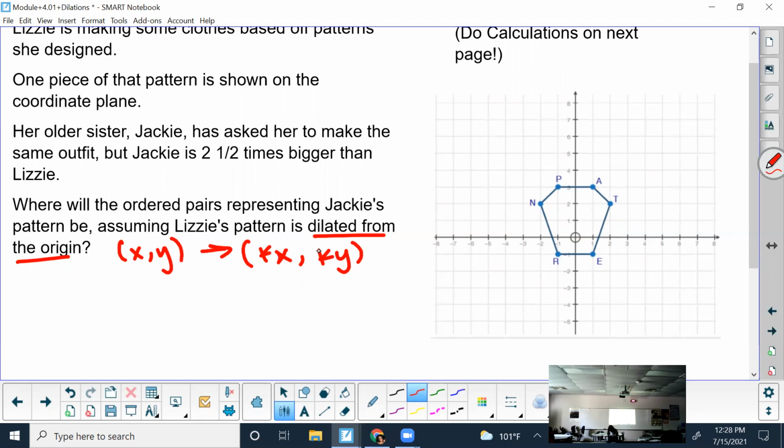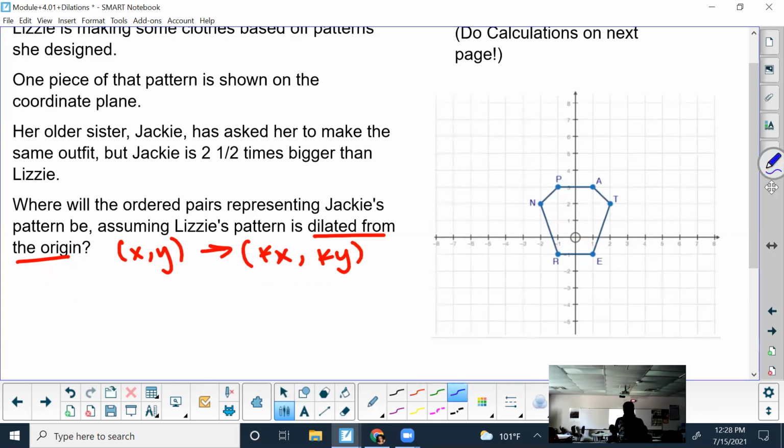Does it say how much bigger it is becoming? 2.5 times bigger.